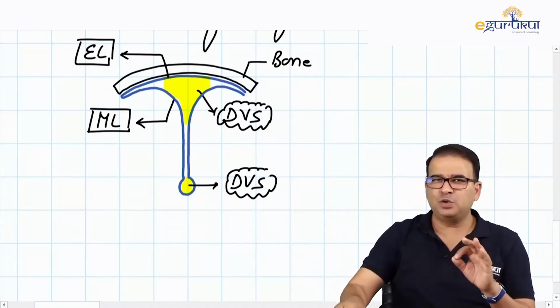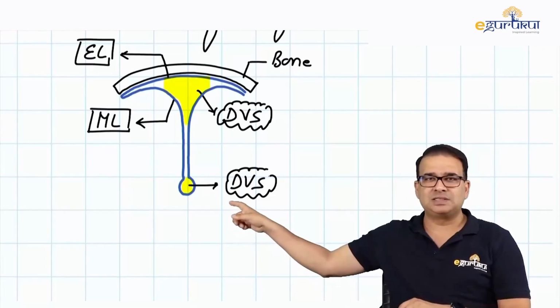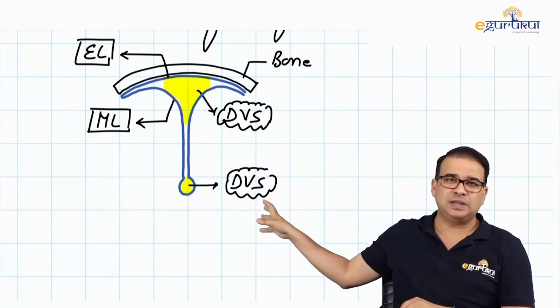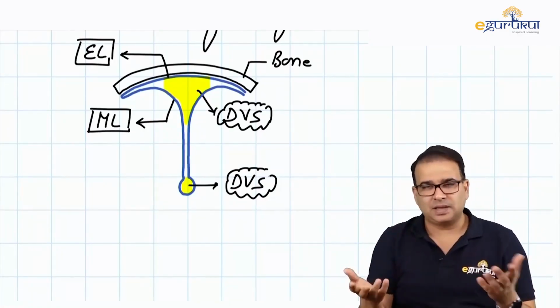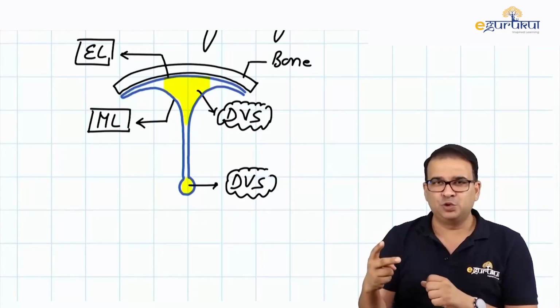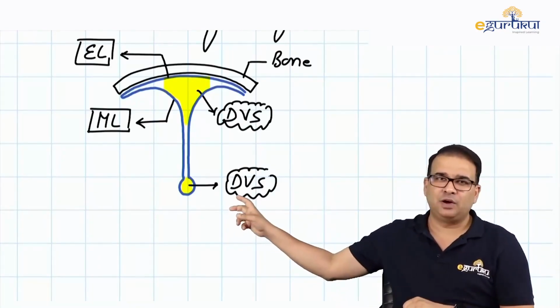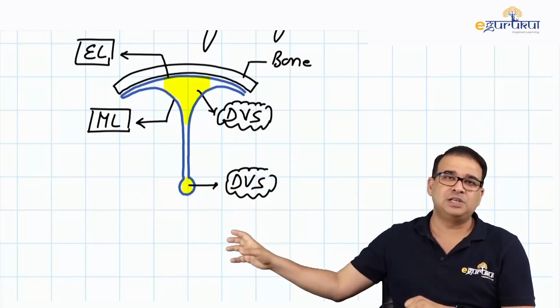So we do have some dural venous sinuses which come under this category, and there's a question on this as well: out of so many dural sinuses we have, which two dural venous sinuses are present only in the meningeal layer of dura?